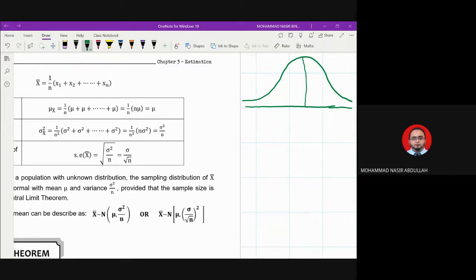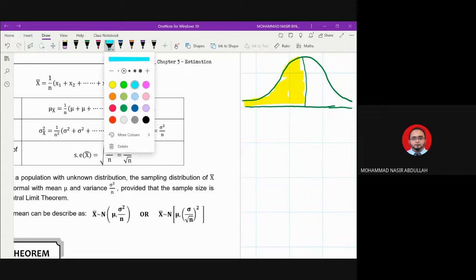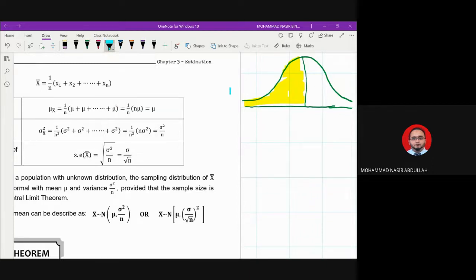Means that area on the left-hand side is equal to area on the right-hand side. So if this one is 50%, so on the right-hand side also 50%. And the total area will be 100%.